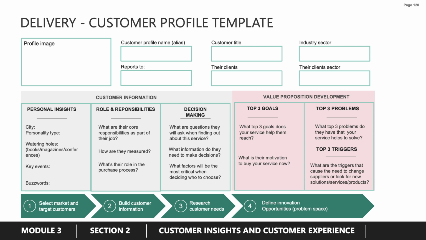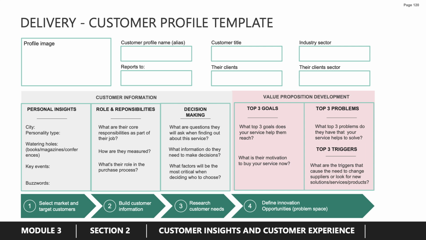And that's particularly important in terms of the context of understanding a customer. And then also we want to understand what the decision-making process is. How do they decide to buy? Why do they decide to buy? And of course, once we've got that information, we have a clearer understanding of who we are talking to.